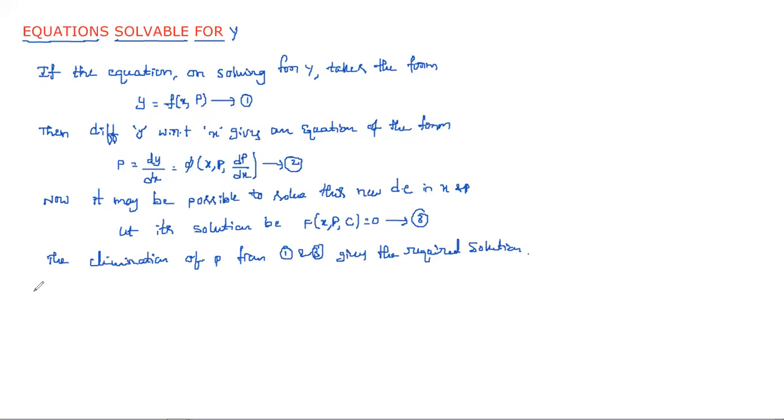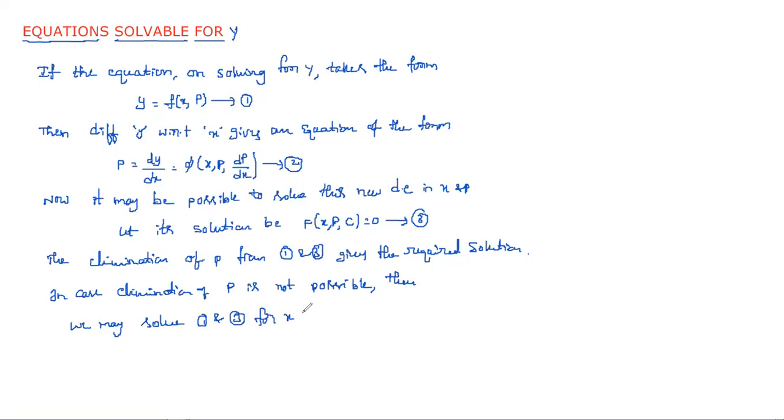If elimination of p is not possible, then in that case we may solve 1 and 3 for x and y.